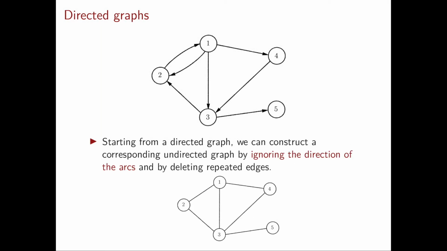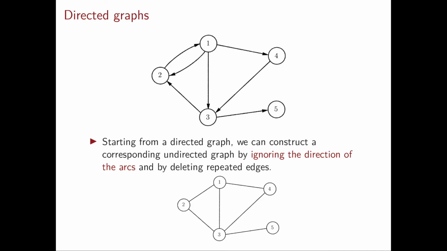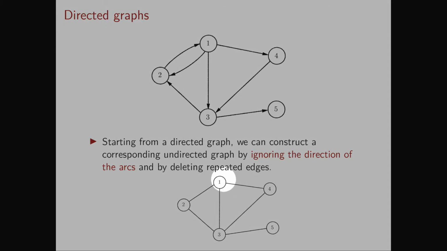Sometimes it will be useful to us to construct an undirected graph starting from a directed graph. The way we do this is we simply pick our directed graph and we just ignore the direction of the arcs. For example, the arc (1, 4) just becomes the edge {1, 4}.